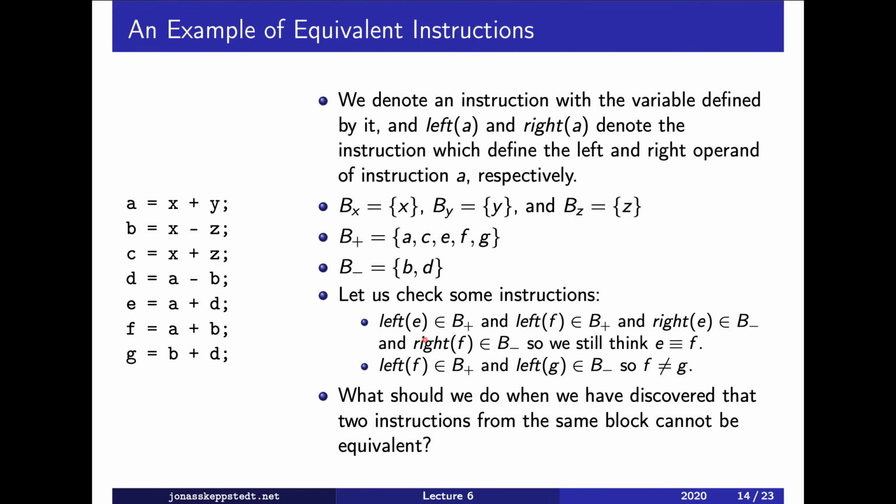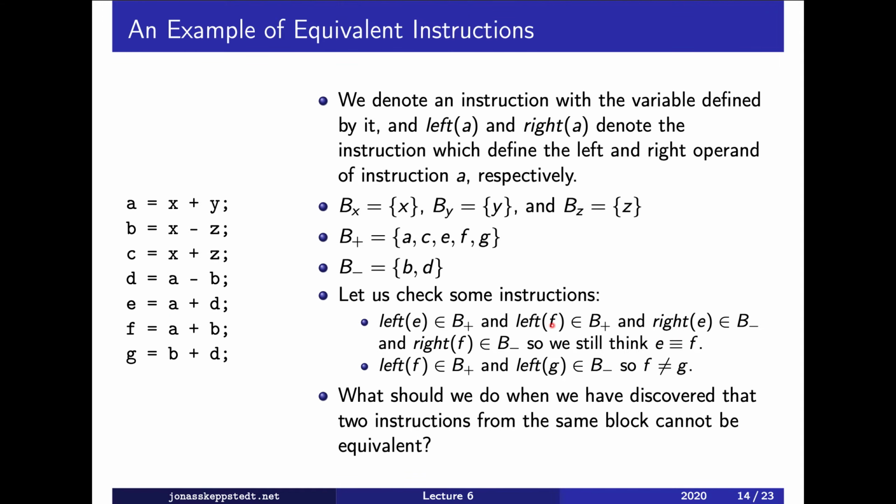Okay, so then we can check. For instance, we take one block and check all instructions and see if they should still be in the same block. Okay, so let's check E and F, both in B plus. Left E, that's A, and it is in B plus.